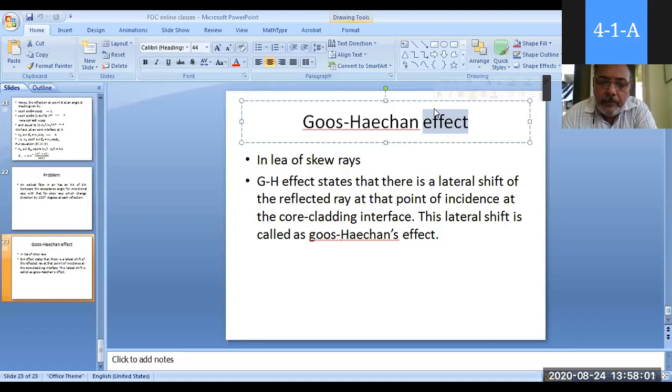Then find the numerical aperture and the acceptance angle theta A.